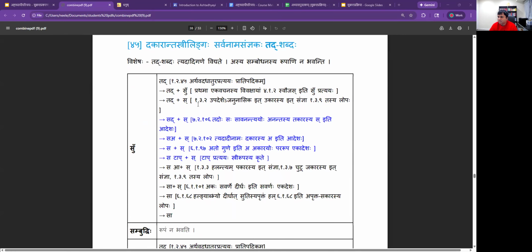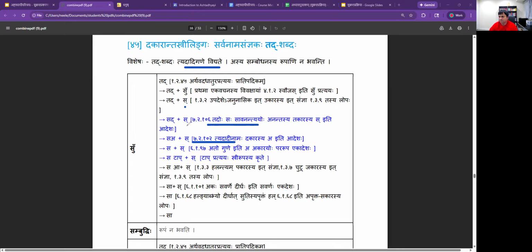Okay. So this is Dakaranta Strilinga Sarvanam Saujnakah Tad Shabdah. So it falls into the Tyadya Adi Gana. Sarvanam Gana is a bigger Gana, but a subset is Tyadadi Gana. So first we will have the Su iti Adesha, its Saujna and all.